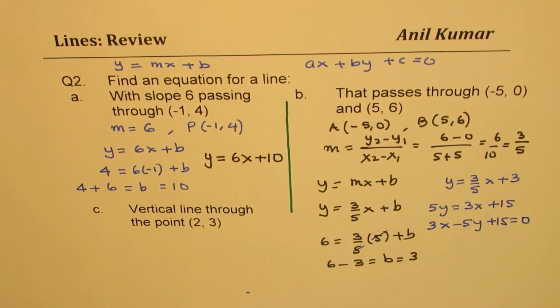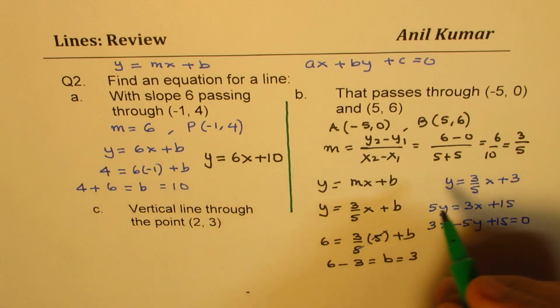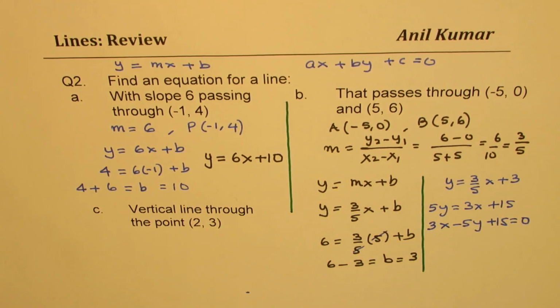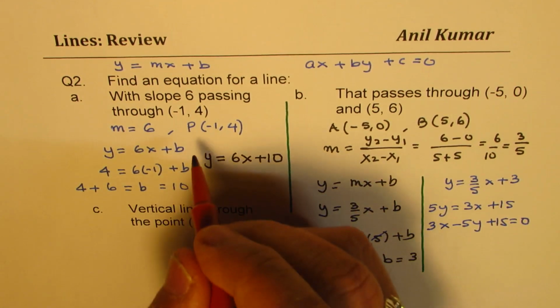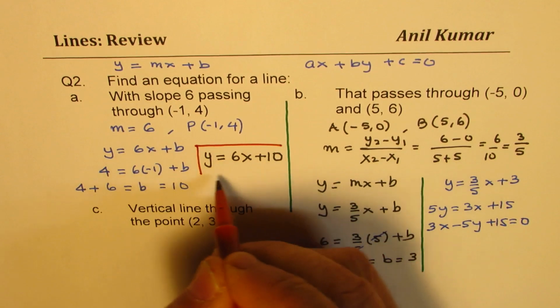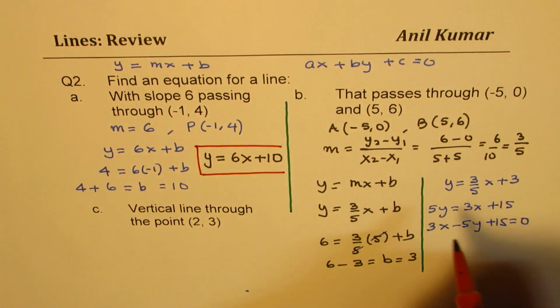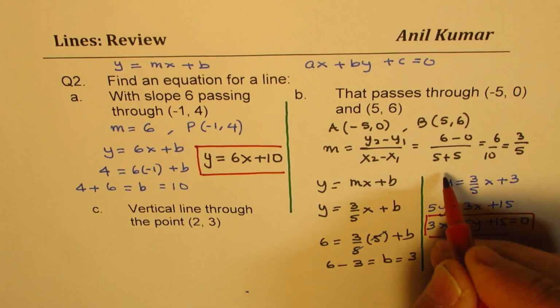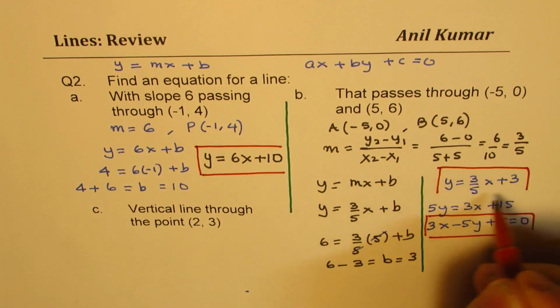Correct? So that is how you should be doing it. Perfect. So I hope the concept is absolutely clear. So the two answers for us are, for part A, it is y equals 6x plus 10, and for part B, you could have written in this fashion or this.